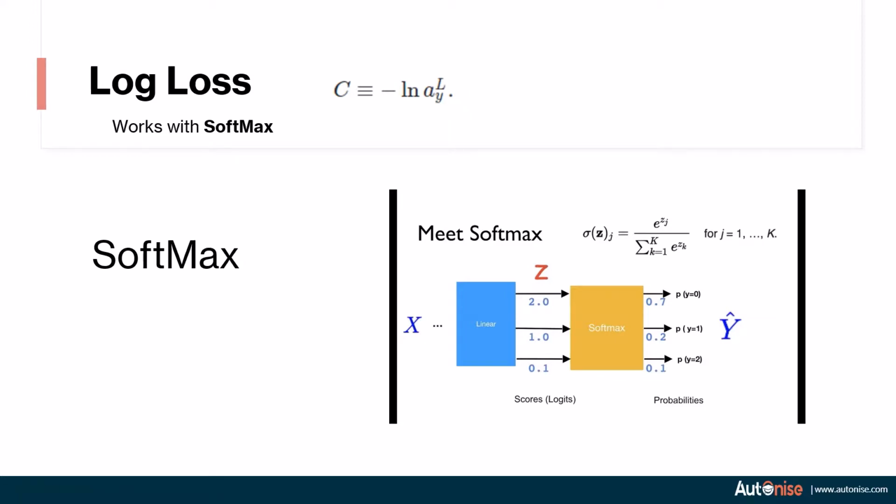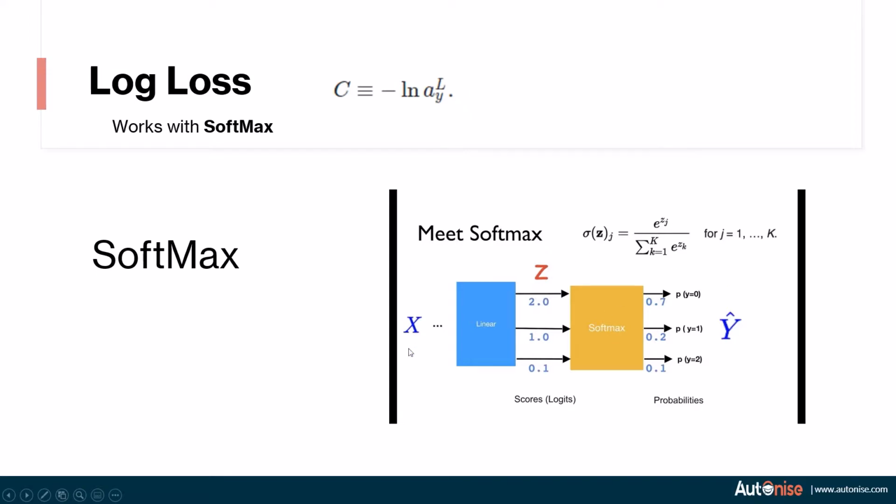We divide e to the power of each output by the sum of all the outputs taken e to the power. This ensures that the output of our neurons after applying softmax is always less than 1, because e to the power z by summation e to the power z is always less than 1. The denominator is always greater than the numerator.